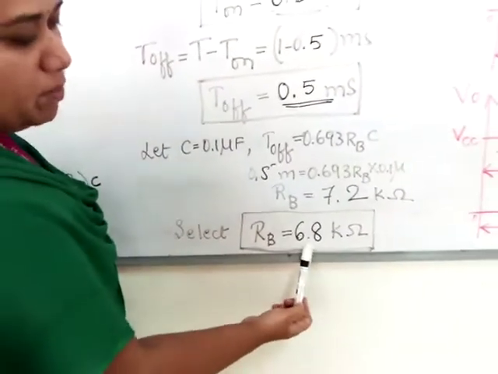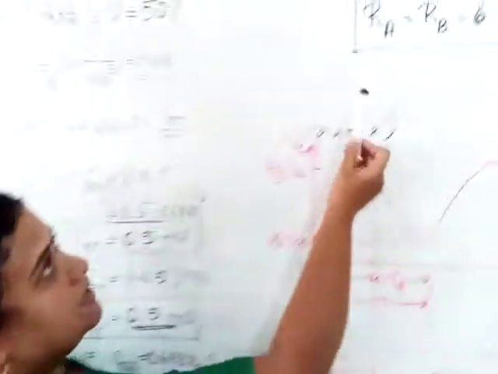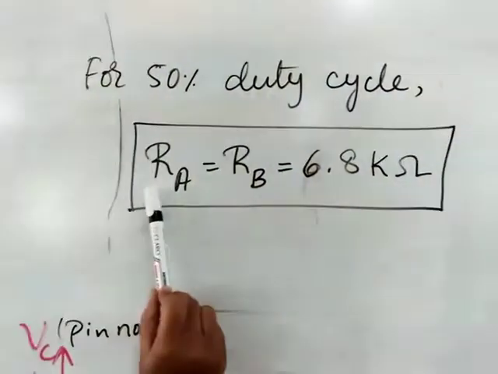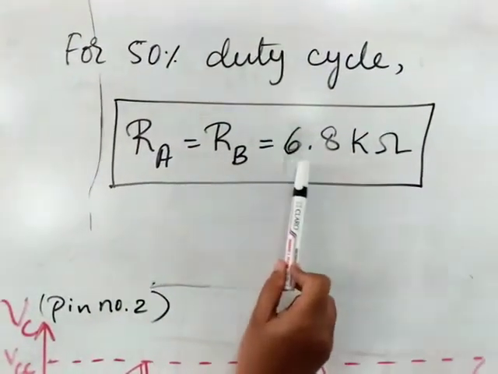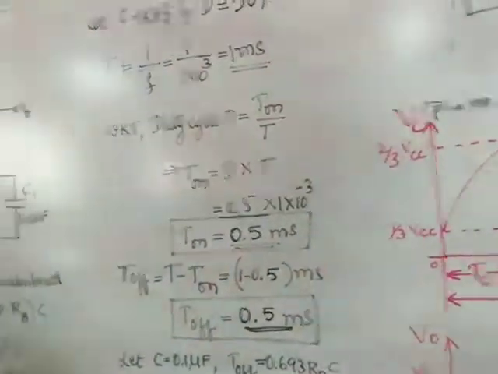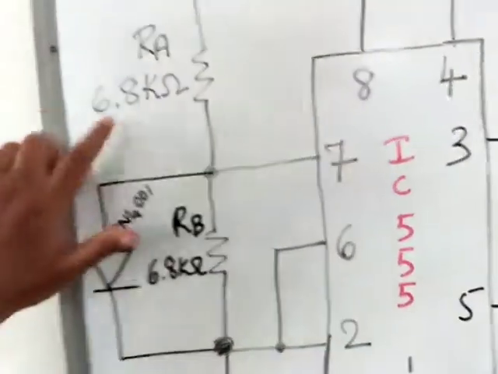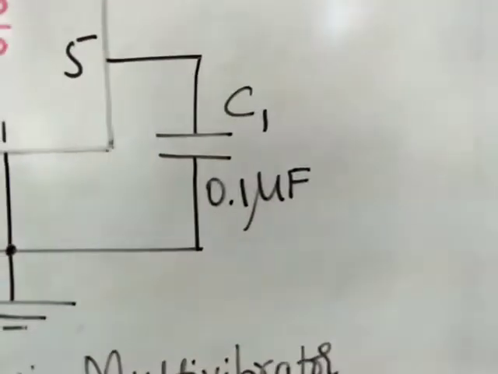So choose RB equals 6.8 kilo ohm. Now since duty cycle is 50%, that is T on is equal to T off, we can select RA equal to RB, that is 6.8 kilo ohm. So you can observe in the circuit both the resistors RA and RB are of equal value, that is 6.8 kilo ohm, and the capacitance is 0.1 microfarad.